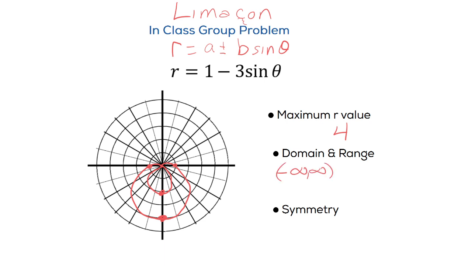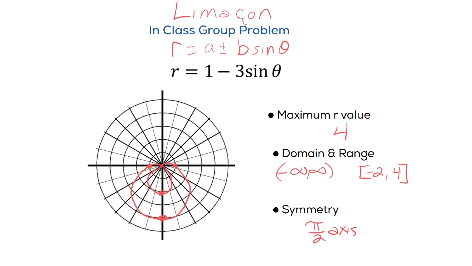And when we traced this and we watched the R value from our table, the smallest was a -2 and the biggest was a 4. And then when we looked at this graph, we thought, okay, the symmetry appears to have pi/2 axis symmetry. And that was the only symmetry it had.